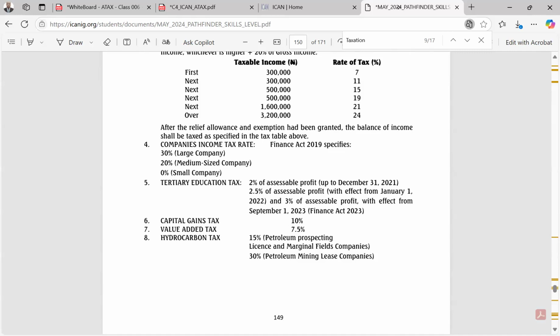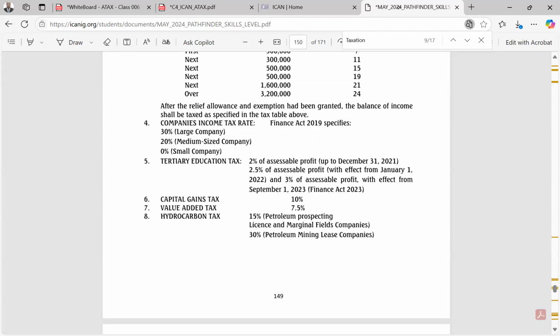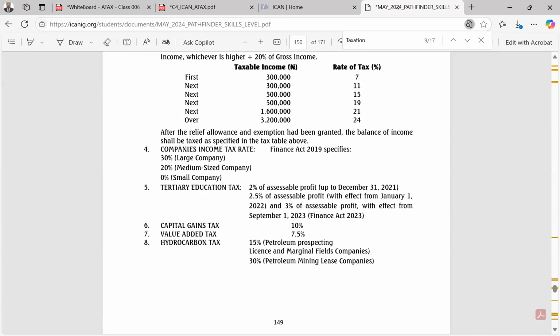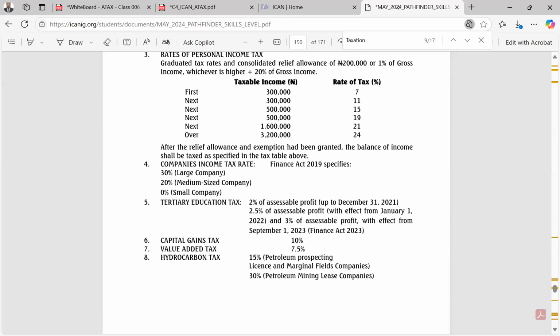And which company is large? Which one is medium? Which one is small? You said large is 100 million and above. Medium is above 25 million but less than 100 million, while small company is from 0 to less than 25 million.